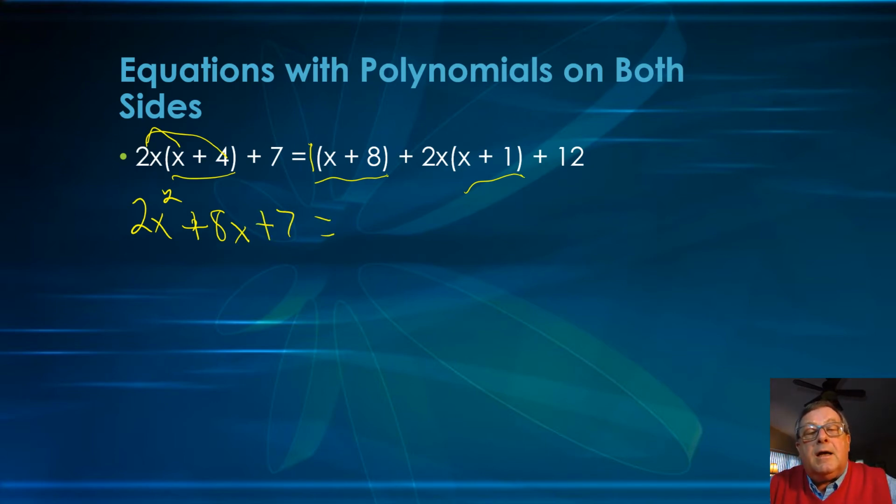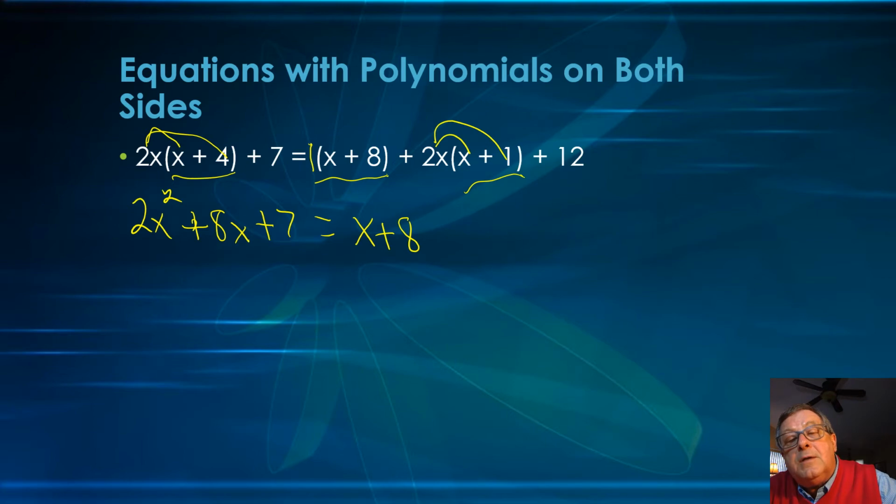All right, well, let's see. I just got an x plus 8, so I can just take that out of the parentheses. In effect, I'm distributing 1, multiplying that times 1. And then here in this second expression, I've got 2x times x, distribute that, and 2x times positive 1.